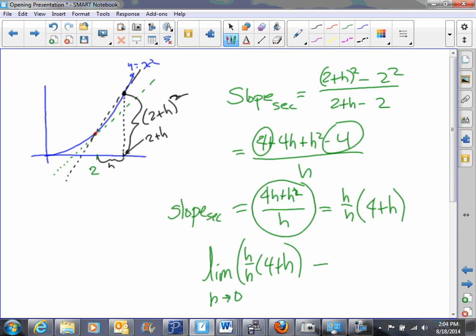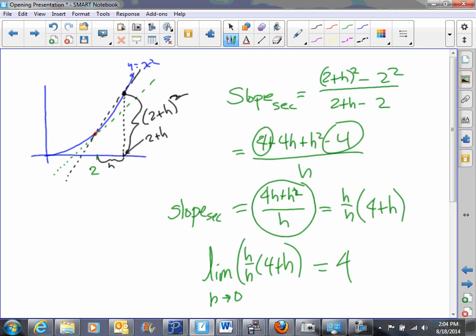We're actually going to get 4, because any place except when h is 0, this is 1, and where h is not 0 but approaching 0, 4 plus h is getting closer and closer to 4. So we're going to define the limit of the slope of the secant line as the 2 points get closer and closer to be together to actually be the slope of the tangent line.